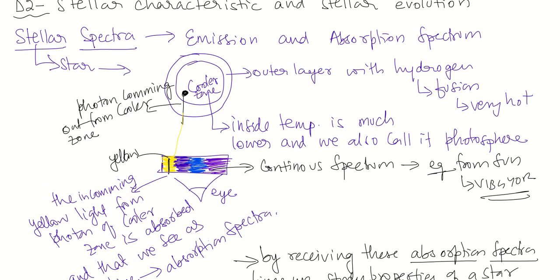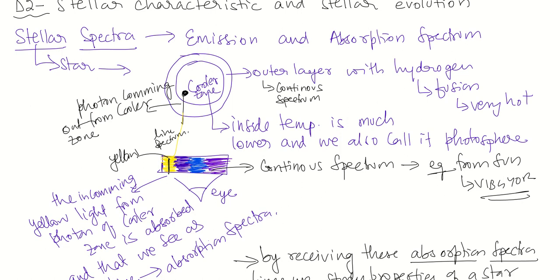Remember, the outer layer is very hot, the inner is cool. The outer layer always gives us a continuous spectrum, whereas the inner layer always gives you the line spectrum.